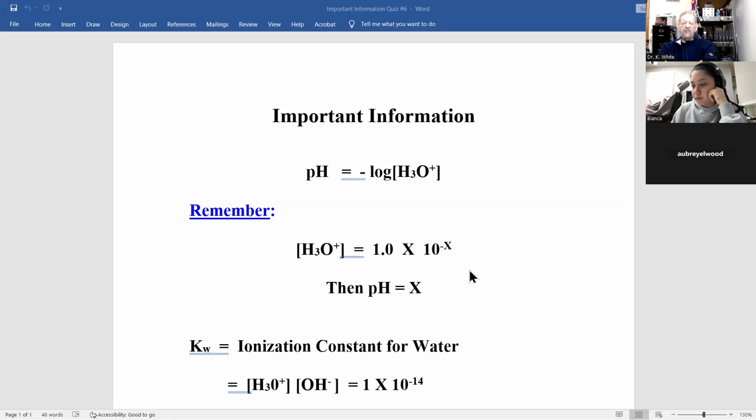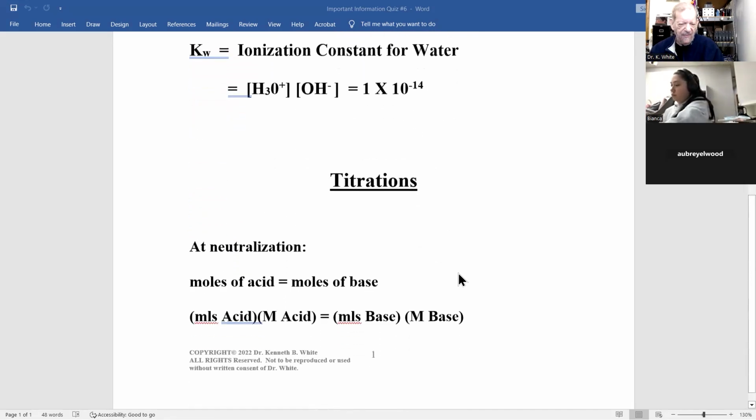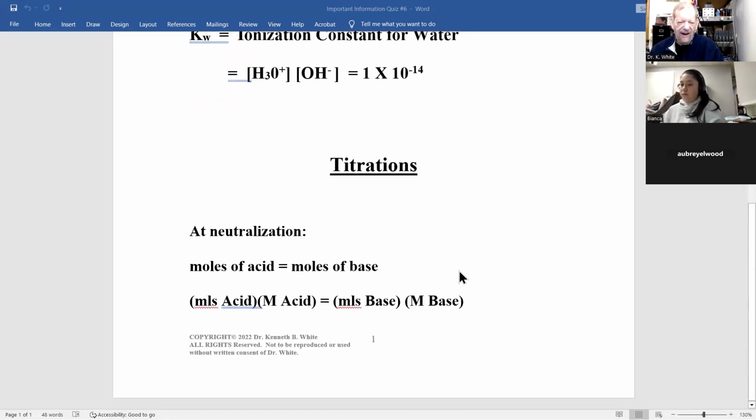The last page of quiz 6, this will be given to you. It has the definition of pH. I remind you, if the hydronium ion concentration is 1.0 times 10 to the minus x, the pH is x. I give you the ionization constant for water. And then I'll talk in a little while how to calculate with titration molarity of acid or base.